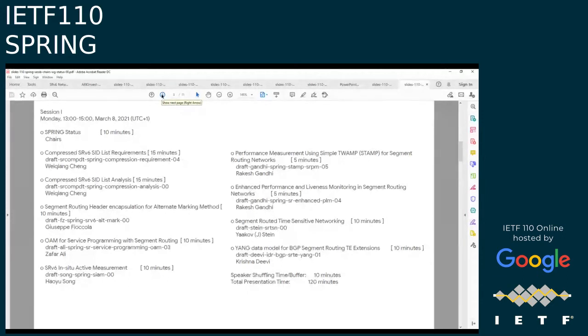We'll then be talking about the alternative marking method from Giuseppe. Zafar will be presenting about the OAM for service programming, and then how you will be presenting about the in situ OAM measurement. Following that, we have two presentations from Rakesh. While they are on individual drafts, this is getting very close to being adopted.